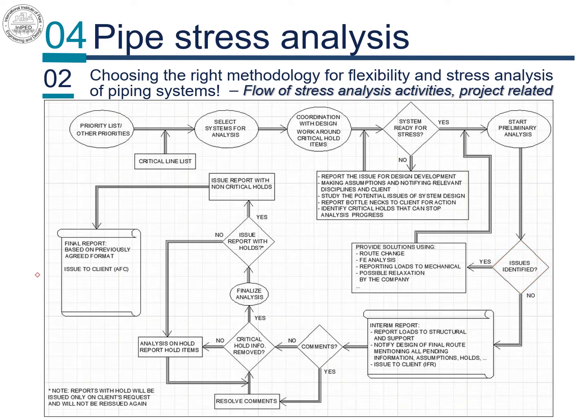Third, are there any comments, meaning did the reviewers of the interim report come back with comments? Fourth is the question of whether the so-called critical holds have been removed. The question here is if the analysis could actually be finalized. And the fifth logical decision crossroad is at the question: can the stress analysis report be issued with non-critical holds remaining, only upon which final reports could be issued for use?